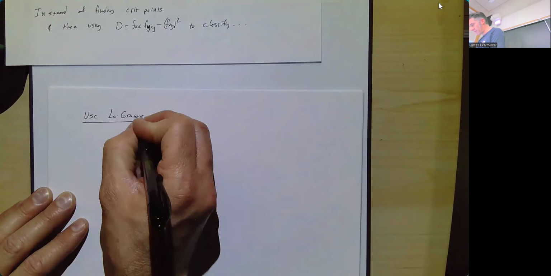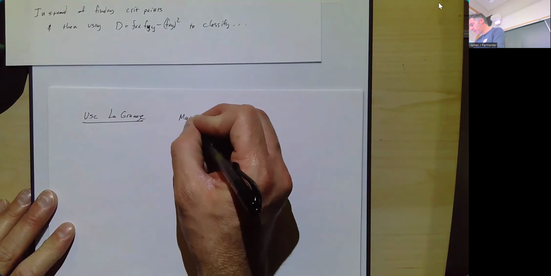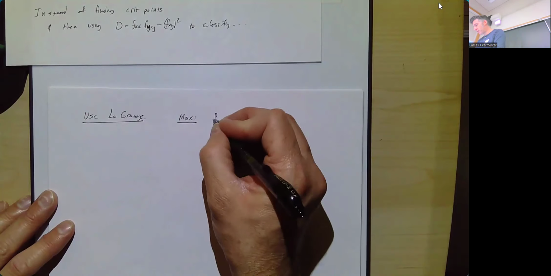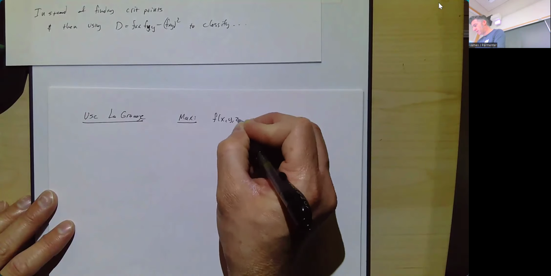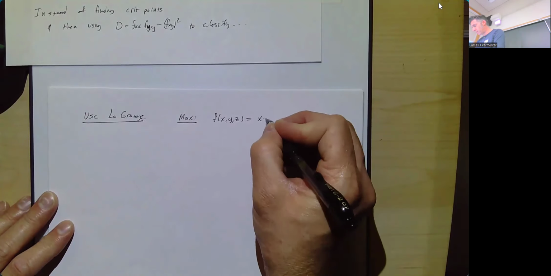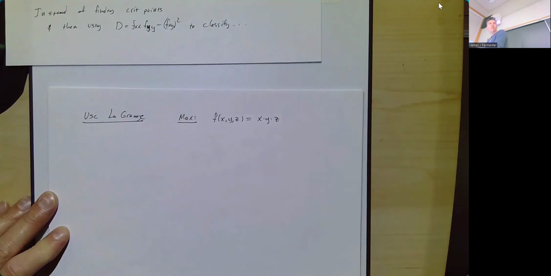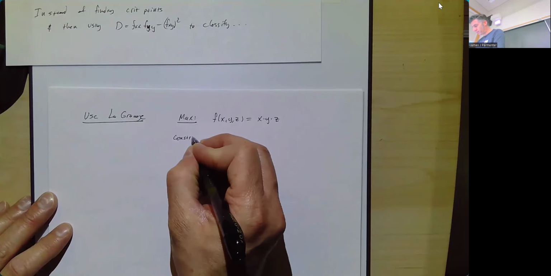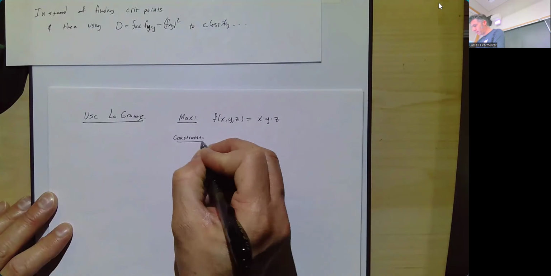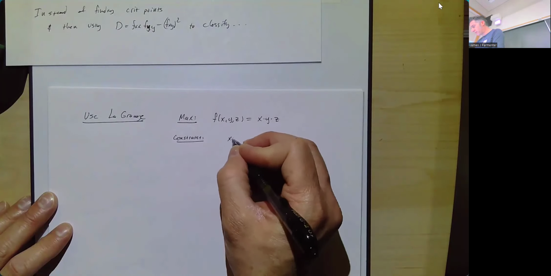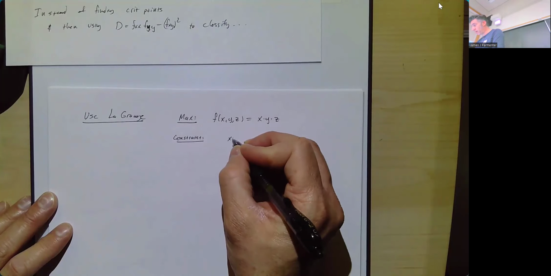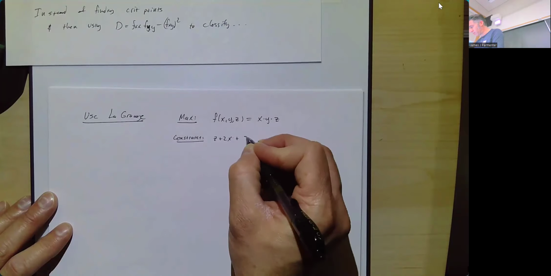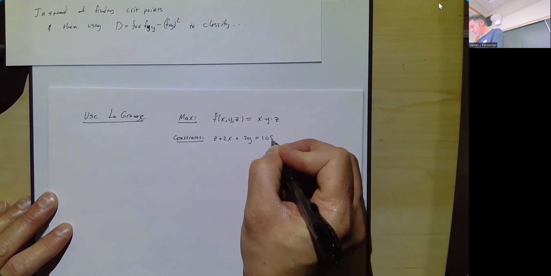So use Lagrange. The thing you want to maximize, we typically call little f. So we're going to maximize little f of x, y, z equal to x times y times z, the volume. And our constraint, we typically call little g. So our constraint is z plus 2x plus 2y equal to 108.